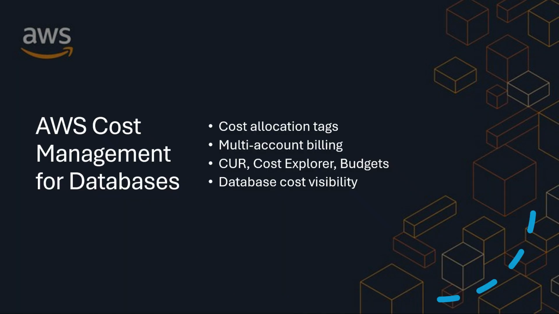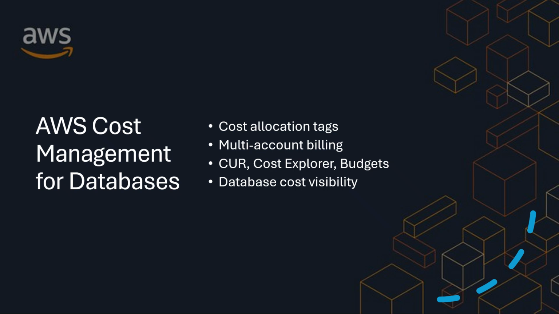Before optimizing any database, you need proper cost visibility. AWS allows you to tag the RDS instances, DynamoDB tables, snapshots, and backups using cost allocation tags, helping you identify which environment or team is generating the most database expense. Using AWS Organizations and consolidated billing, you can track database spend across environments and accounts.